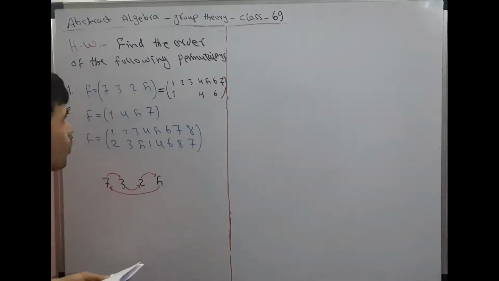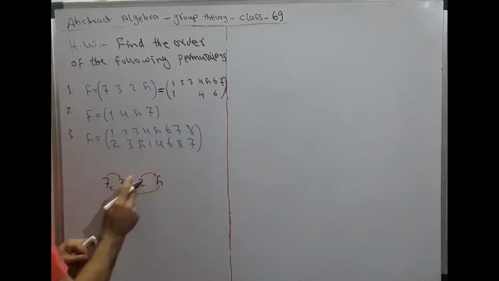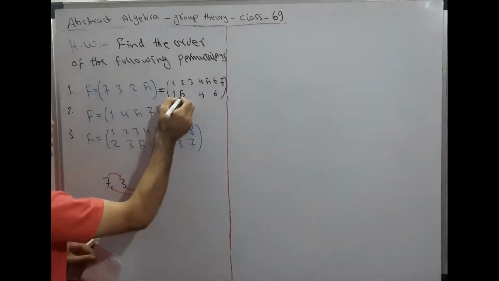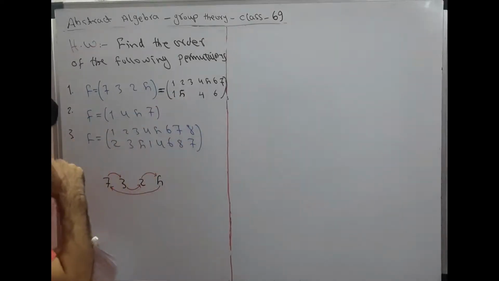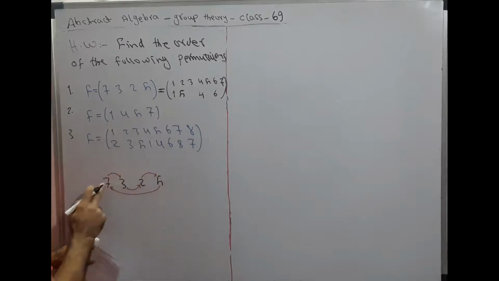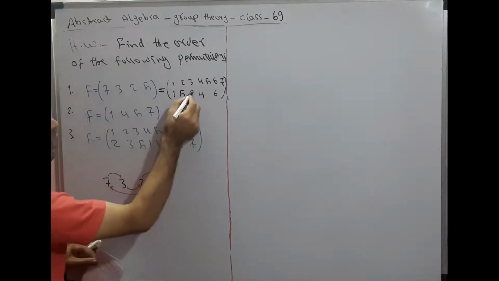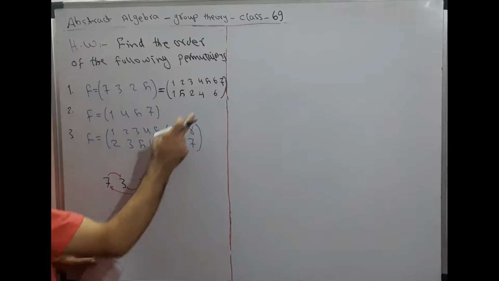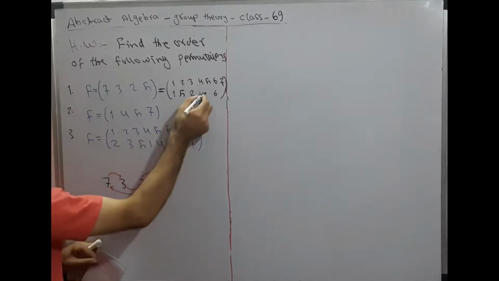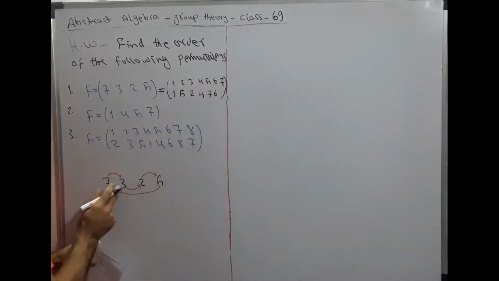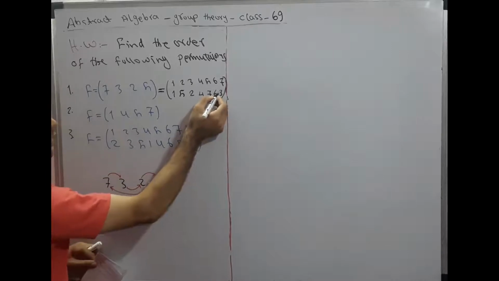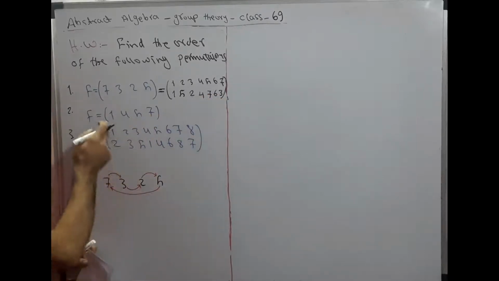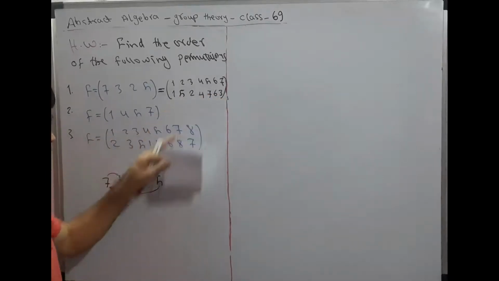According to this rule, we can write: image of 2 is 5, image of 3 is 2, image of 5 is 7, image of 7 is 3. You can make this according to this rule.